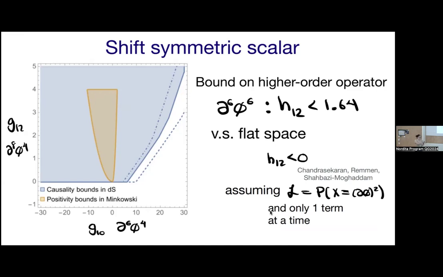The reason is that I'm assuming the background is not dynamical, there's no back reaction. I just checked that. But if you think about unitarity, then it gets messy.